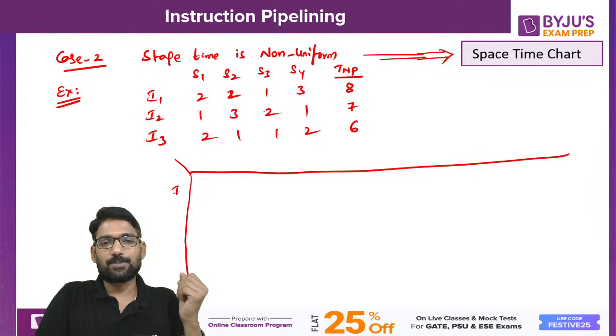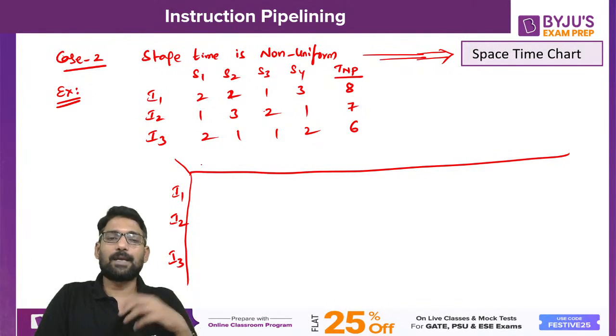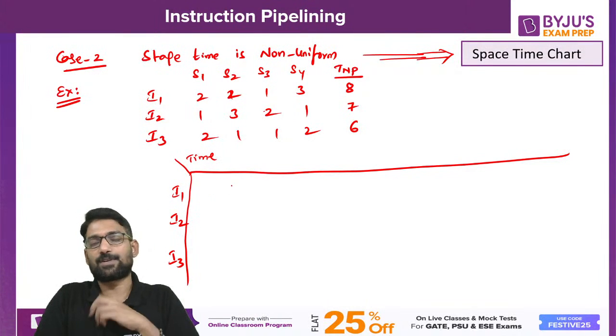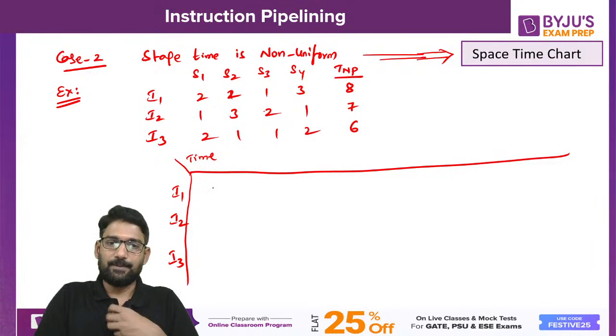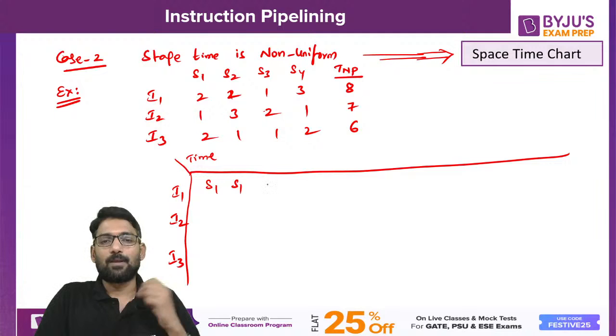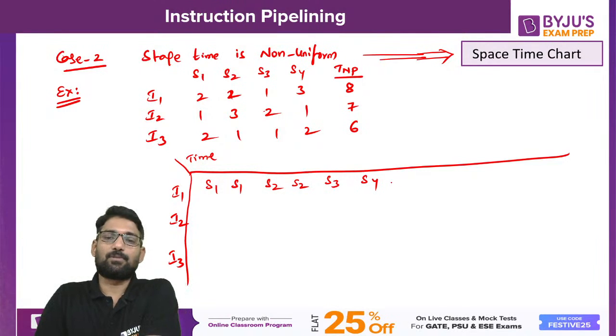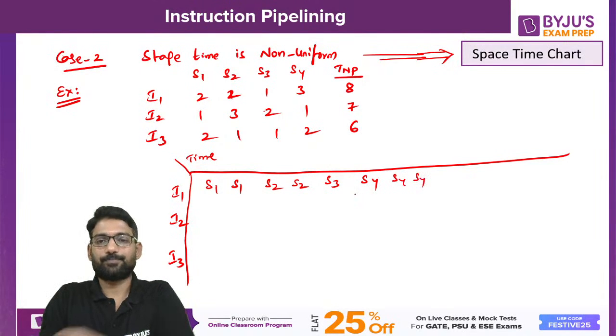You take instruction sequence, instruction space on one axis, time on the other axis. So I1, first instruction is always independent. So I1 S1, then I2 S2 takes 2 clock cycles, I3 S3 1 clock cycle, I1 S4 3 clock cycles.